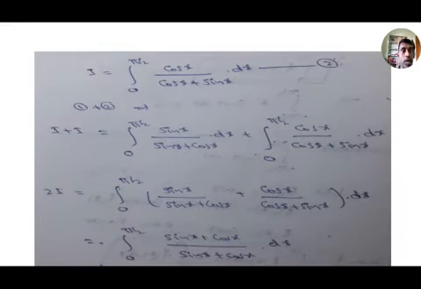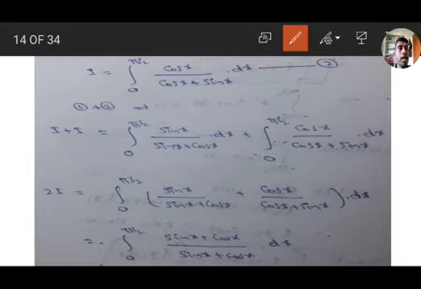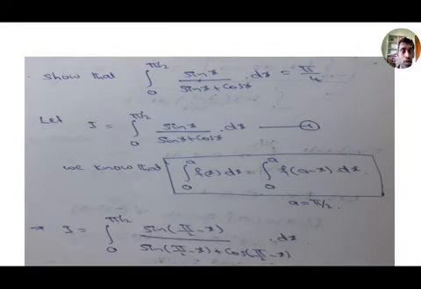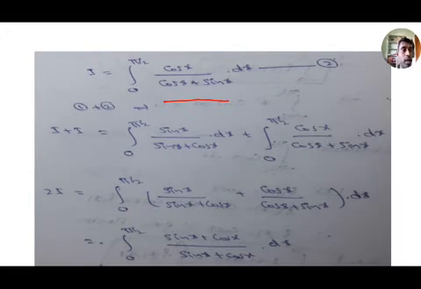Substituting in the integration, we get I equals the integral from 0 to pi by 2 of cos x by (cos x plus sin x) dx. That is equation 2.